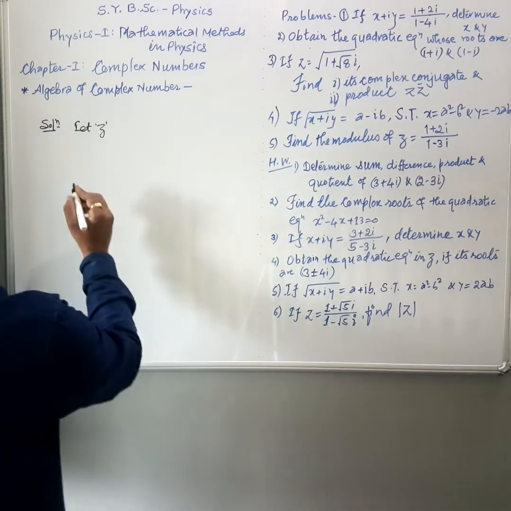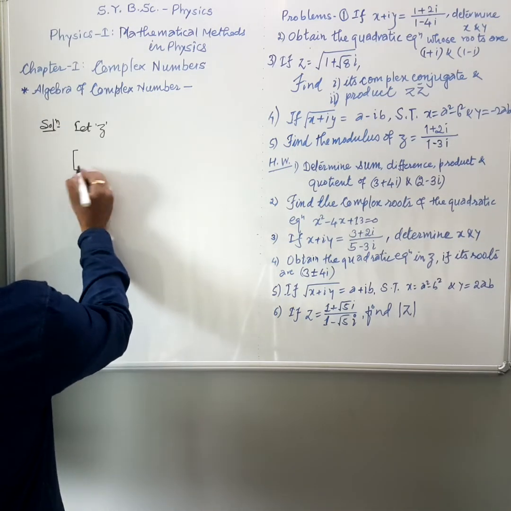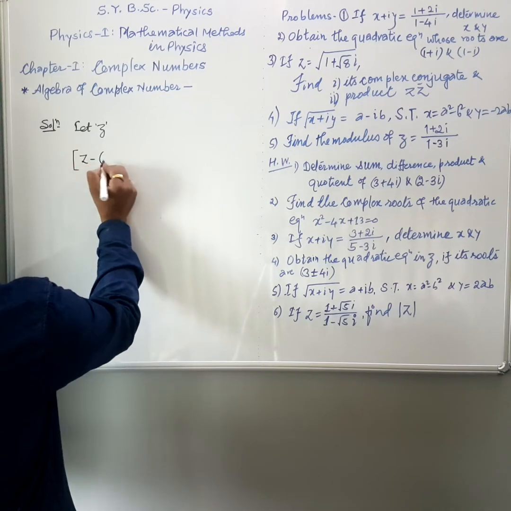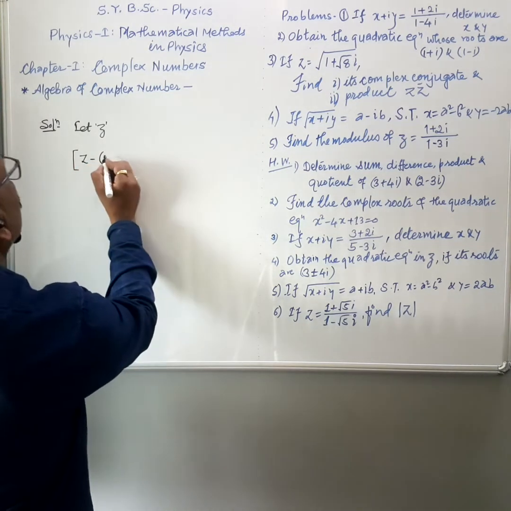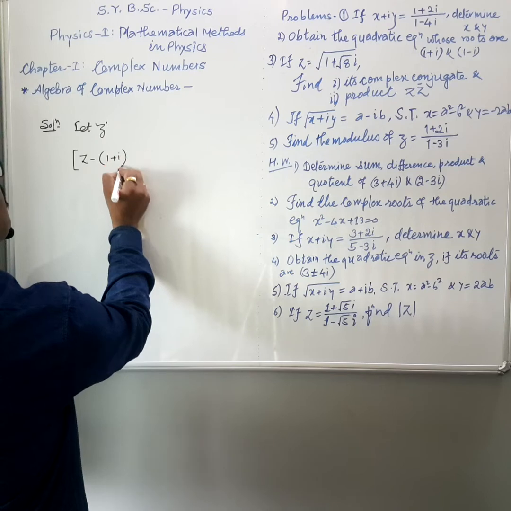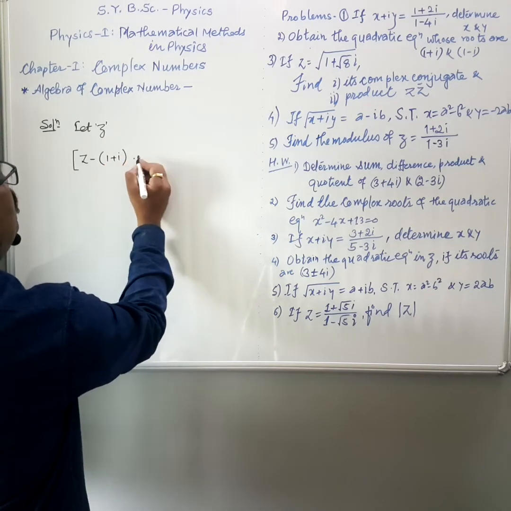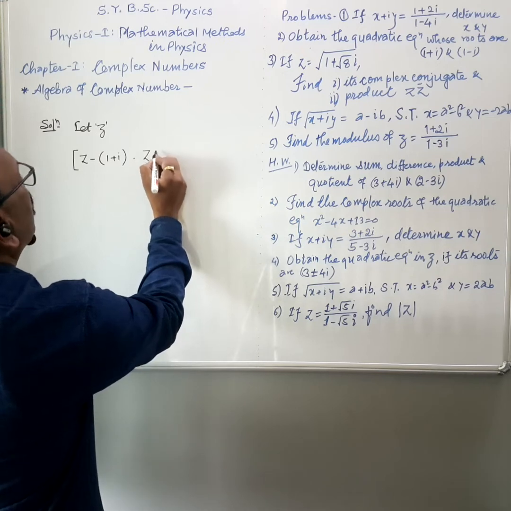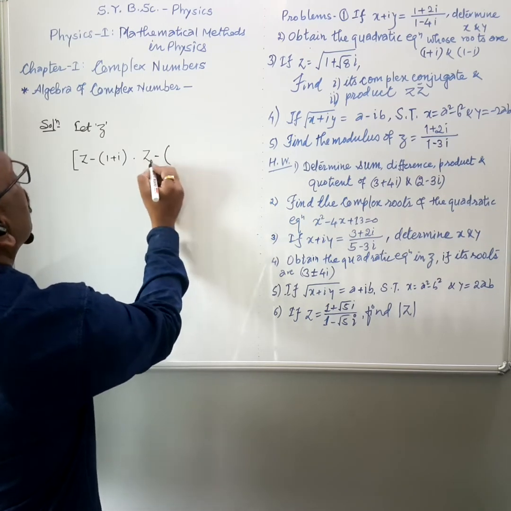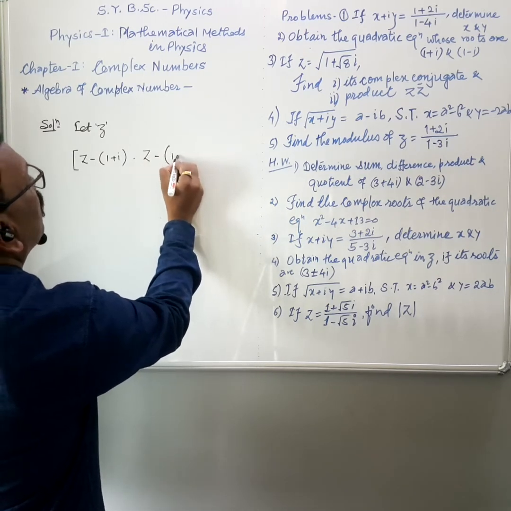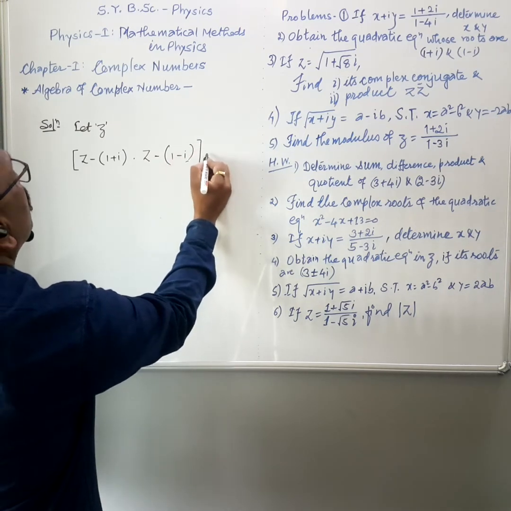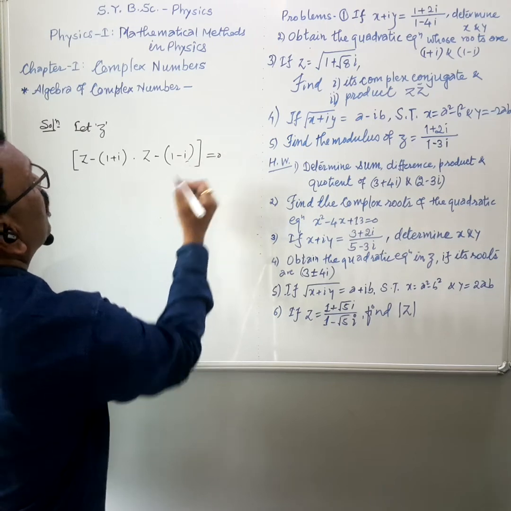In order to solve this problem, we have to write (z minus the first term, 1 plus i) into (z minus 1 minus i), the second term, which is equal to 0.